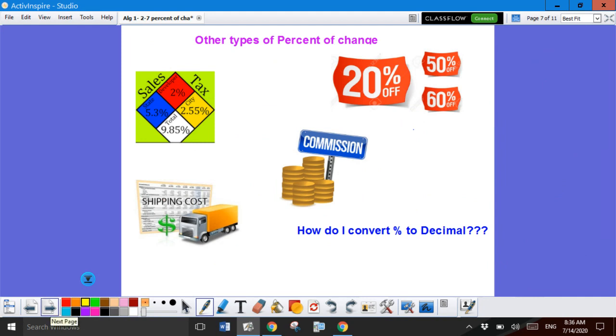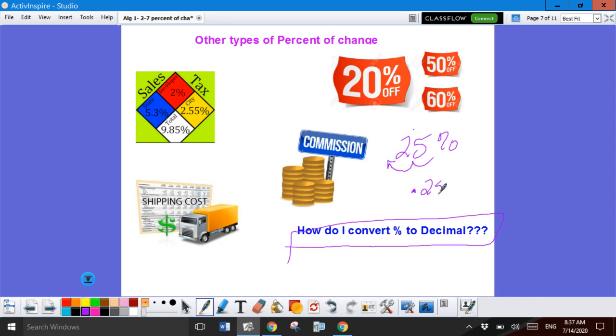Okay, so there are other types of percent of change, and specifically ones that we see all the time, and that is sales tax, discounts, shipping costs, things like that. Before we take a look at sales tax and discounts, we need to remember how to convert a percent to a decimal. If I have 25%, I know that I need to move my decimal 2 spots. That's actually 0.25.